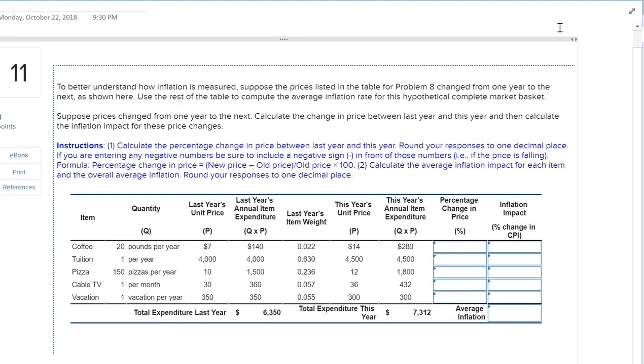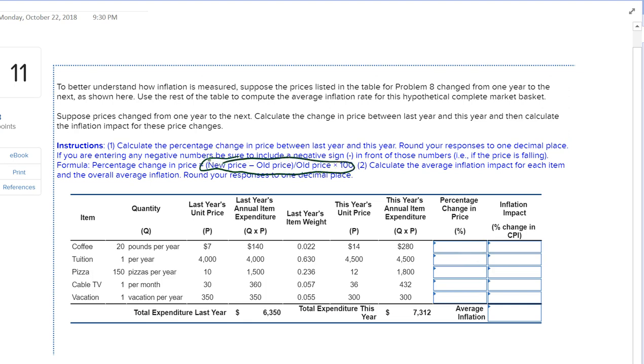Let's see, number 11 is a little bit different. This asks for the percentage change. So they give us the price and quantity and the annual expenditure. So that's already been calculated for you. And your job is to calculate the percentage change in price. And that formula I gave you before for percentage change is given to you again here.